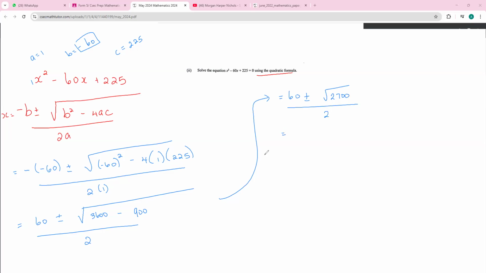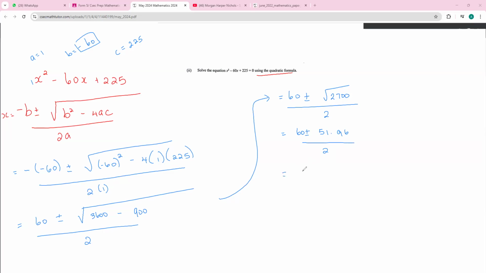Use a calculator to find out what is the square root of 2,700. Right, so when I found the square root, I got 51.96. Right, so I rounded it off to 2 decimal places.